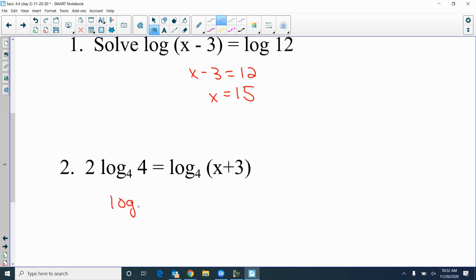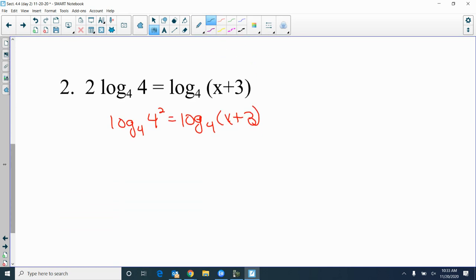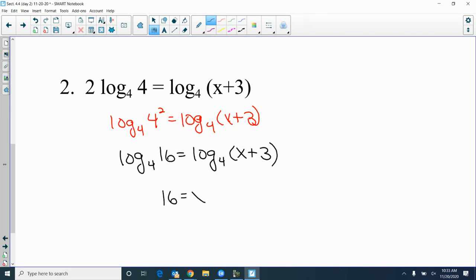So it's going to be log base 4 of 4 squared equals log base 4 of x plus 3. Now 4 squared is going to be 16. And then I just end up with 16 equals x plus 3. Subtract 3. X equals 13. And then double check it. You don't get any negatives.